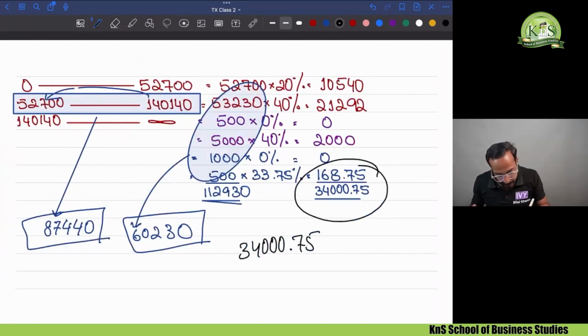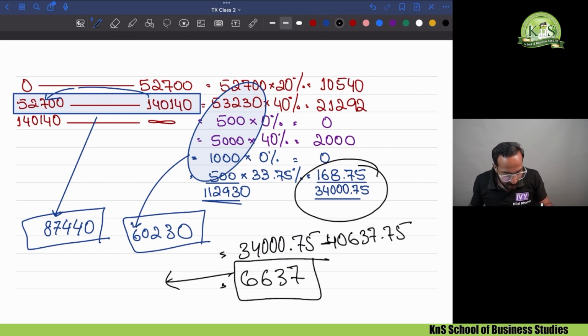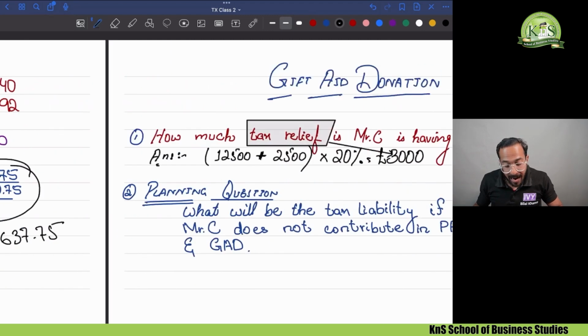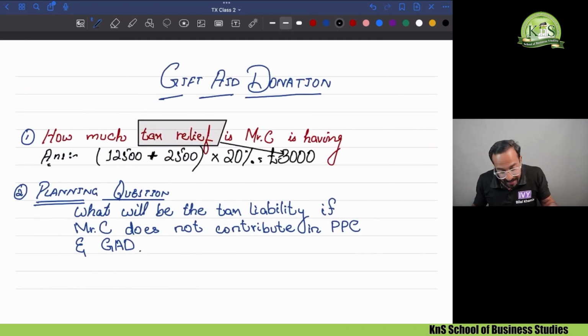Got it? So I need to calculate the tax saving. It's 663. That's my tax saving, right? That's the amount of tax saving. The examiner might ask you for tax saving planning.